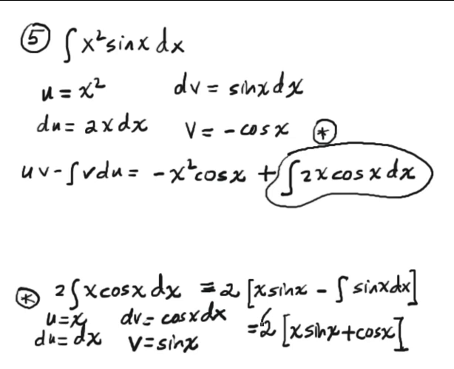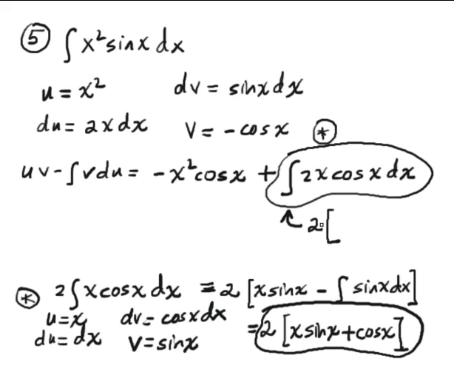And this gets substituted right here. That was our side calculation, and we put the value of this integral is 2 times x sine x plus cos x. And put a plus c after everything.